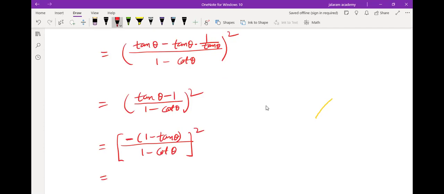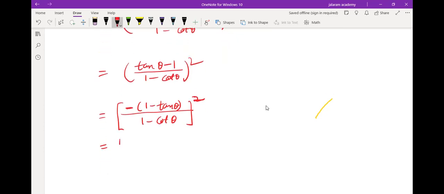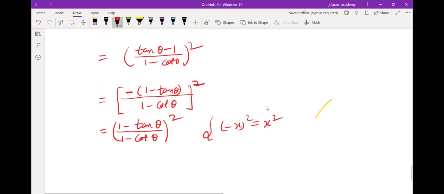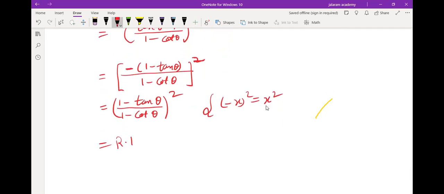Now this is negative, but the square of a number is always positive, so this minus will also be converted to plus. So it is 1 minus tan theta upon 1 minus cot theta whole square, as minus x whole square is plus x square, which is equal to RHS, hence proved.